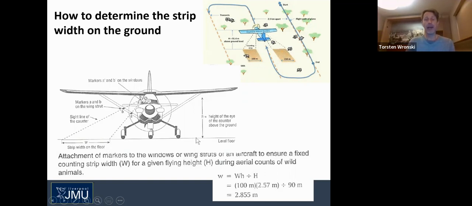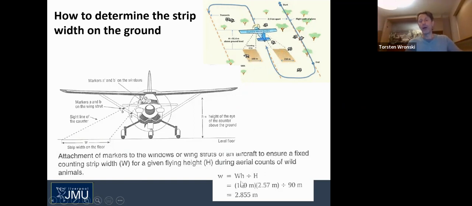Now, in the first place, we need to establish some variables. First of all, we need to measure the eye height of the observer when being on the ground. This is the small h in our formula. Secondly, we need to determine prior to starting the flight our flight height. In this case, 90 meters above ground.